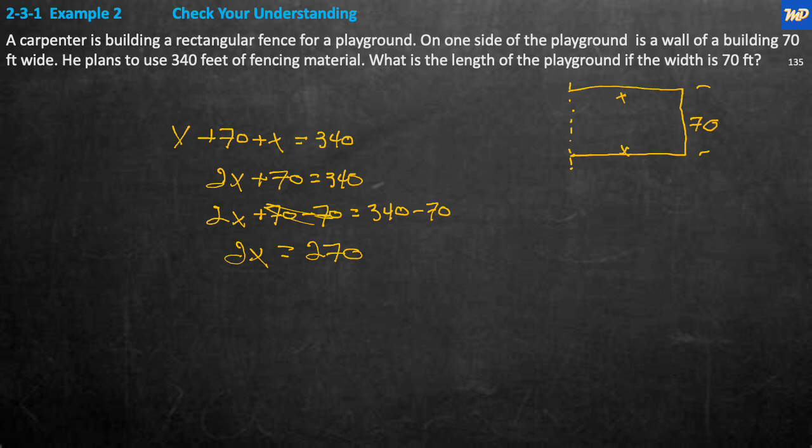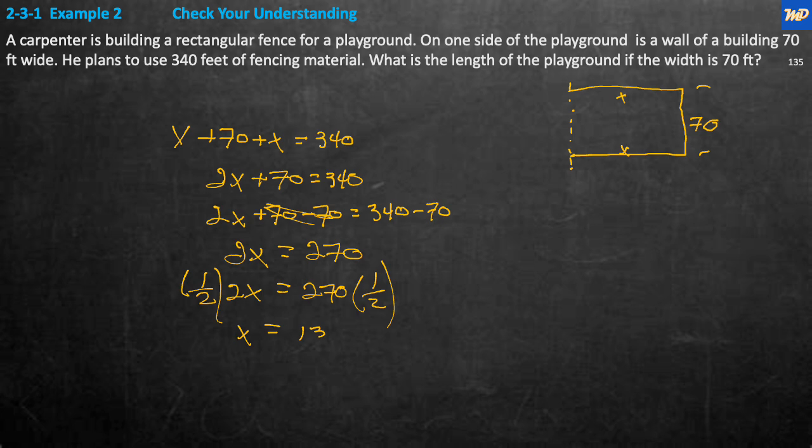So now to get rid of the coefficient of 2 and make it a 1, we have to divide both sides by 2 or multiply by the multiplicative inverse. Let's do the multiply. So times 1/2, the inverse of 2, times 2x is equal to 270 times 1/2. And when we do that, we're going to get x equals, what's 270 times a half or divided by 2, however you choose to look at it?